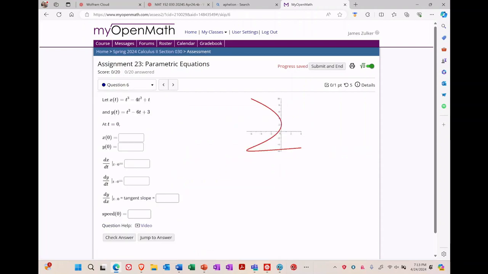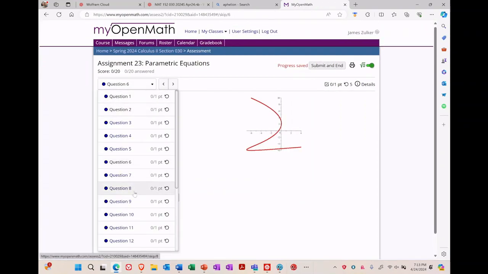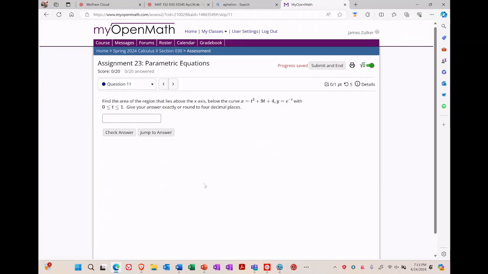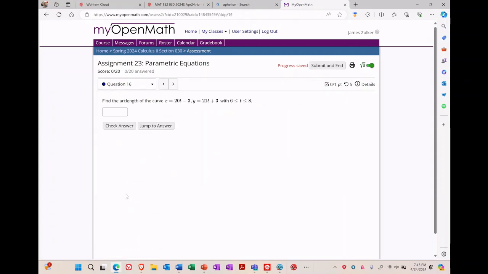Okay, then. Not going to be able to do those. Oh, is this really all just calculus? Oh dear. Yeah, it is. It's all calculus. Oh, okay then.